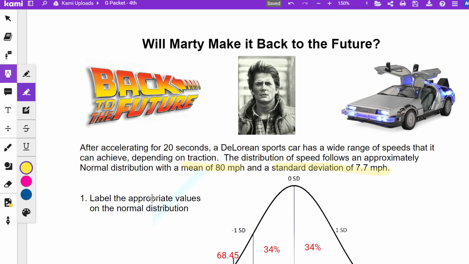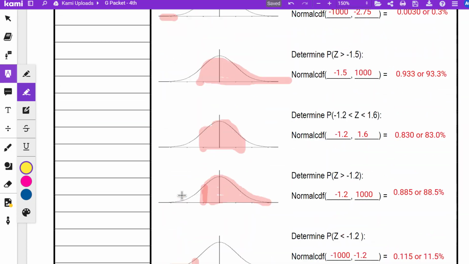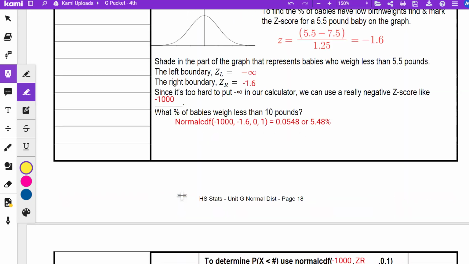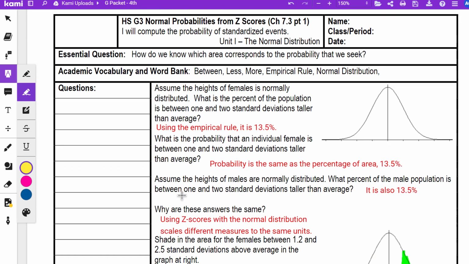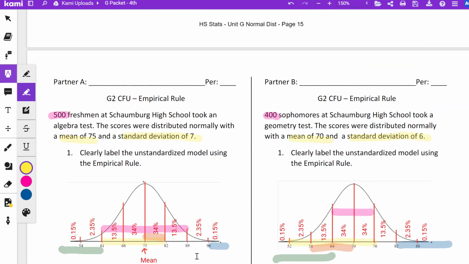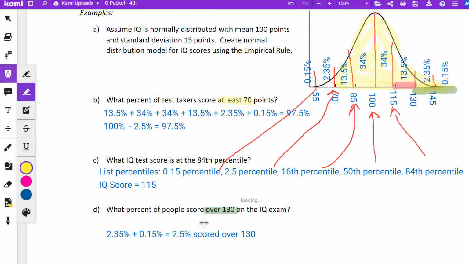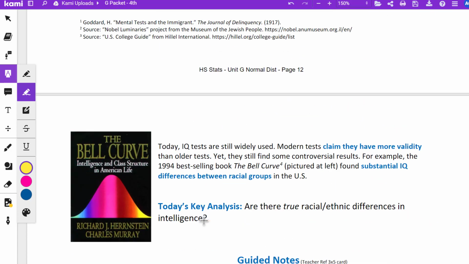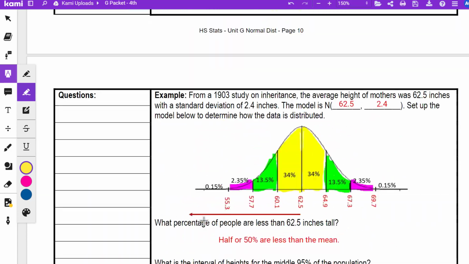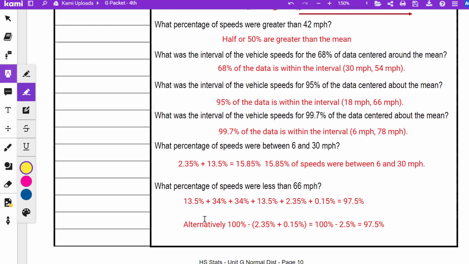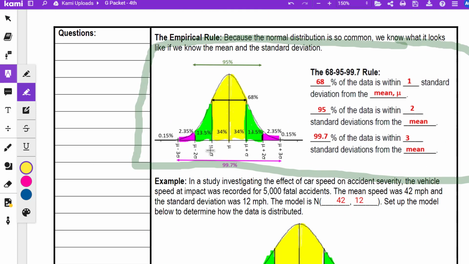So we want to label the appropriate values on the normal distribution. We're again using the empirical rule. If I go way back to the empirical rule, you remember all this. And in the notes, I think it was page, what page? Oh, here we go, right there. So I'm going to label it kind of like this.